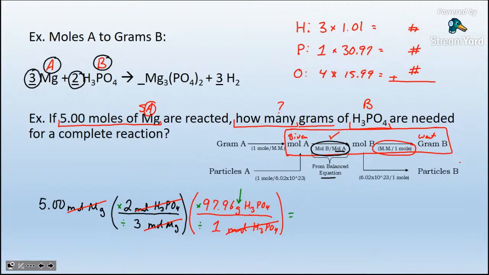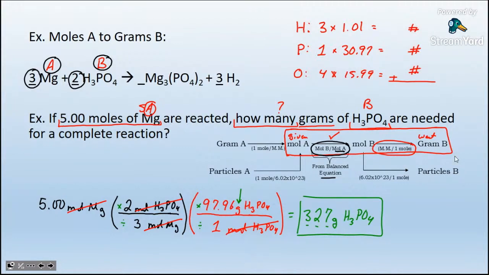So 5.00 times 2 divided by 3 times 97.96, and I get an answer of 326.53. So as a result, this is going to round up to 327 grams of H3PO4. And again, I've rounded to 3 significant digits. So now I know that if I have 5 moles of magnesium, I'm going to need 327 grams of phosphoric acid to react with this. Okay? So that is a moles to grams problem.